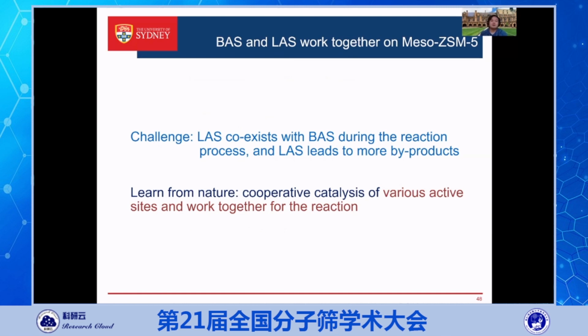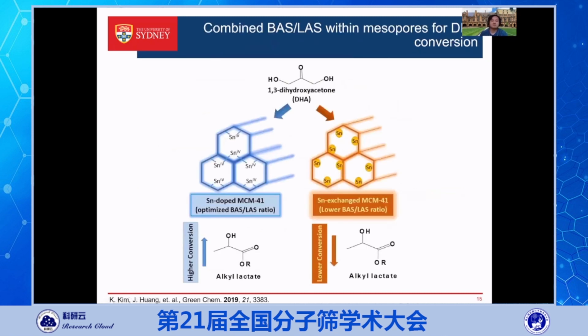So we're thinking, is it possible, like a biocatalyst using cooperative sites working together, to generate better catalytic performance in the process? So in this case, we're thinking about whether it is possible to combine Lewis and Brønsted acid sites together for a better reaction.